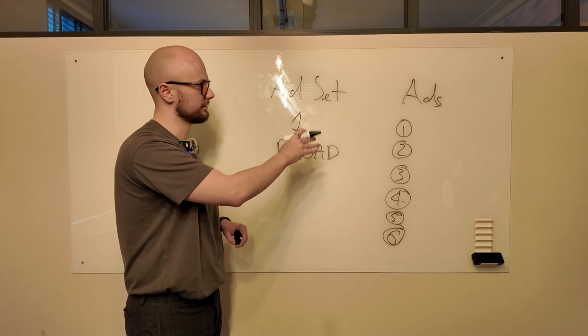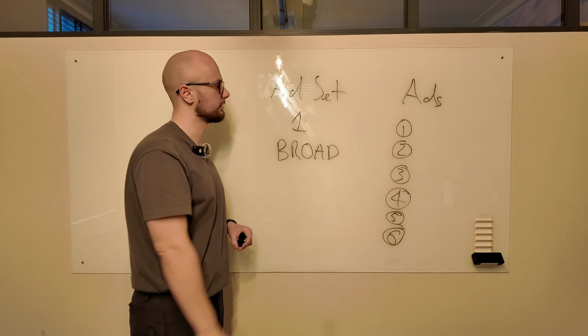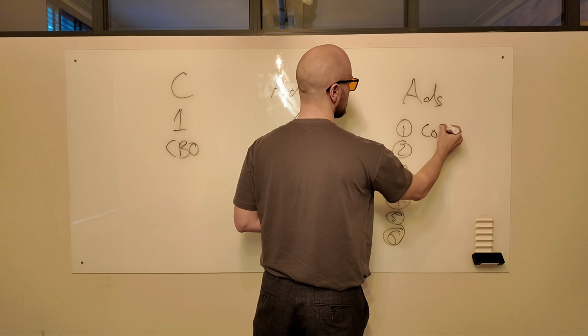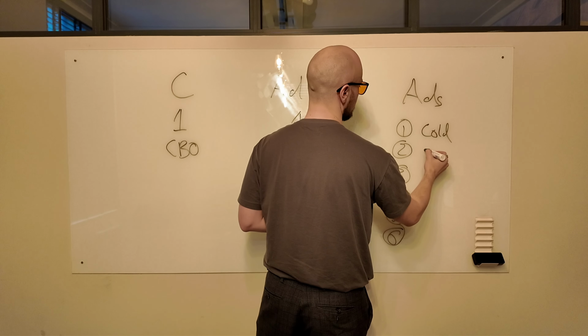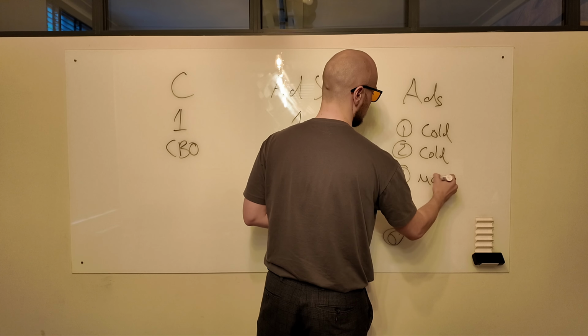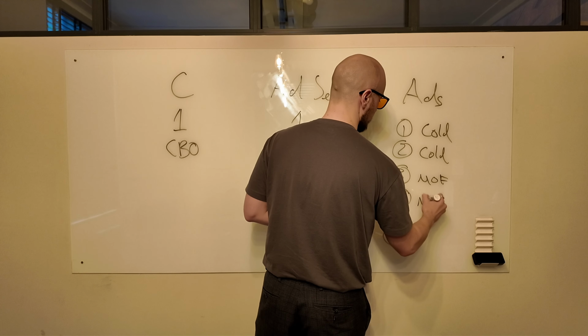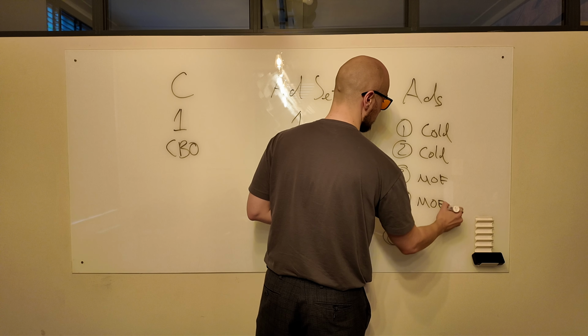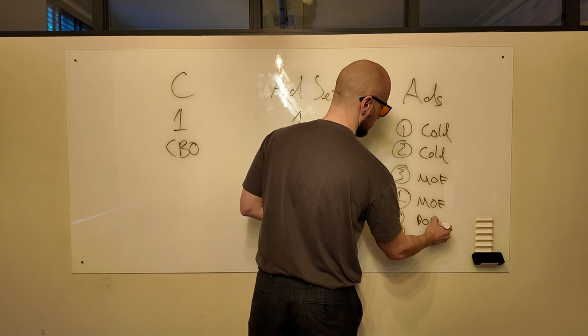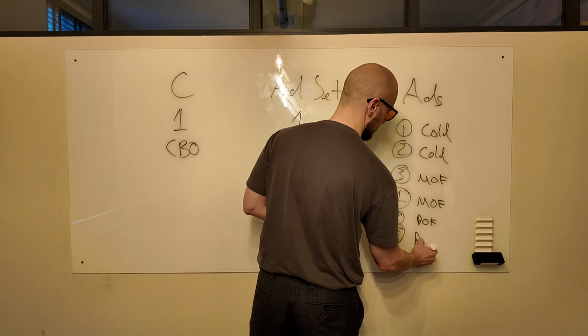We're gonna chuck different types of creatives in here. So we're gonna have number 1, which is gonna be a cold ad. Then we're gonna have number 2, which will be a cold ad as well. Then we're gonna have middle of funnel, and we'll go through exactly what these look like and how you should put them together. And then we'll have a couple of bottom of funnel ones as well, right?